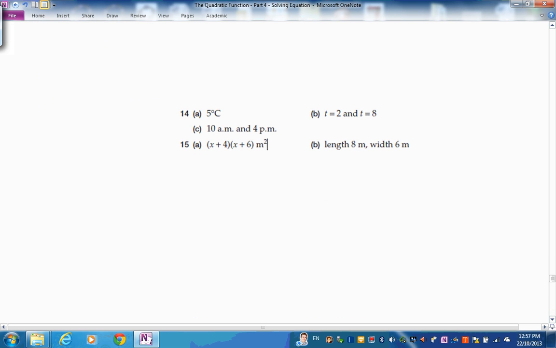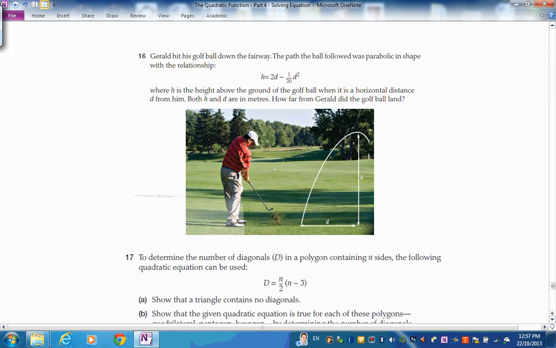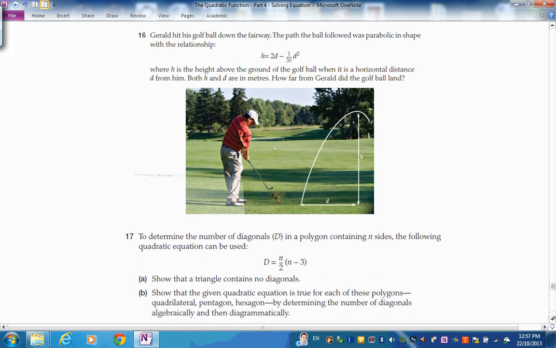There we have 14 and 15. And final one, the open-ended questions tend to be a bit more challenging. Oh no, we've still got 16 and 17 before the open-ended ones. More modelling questions, modelling the trajectory of a golf ball and modelling something to do with diagonals in a polygon. Getting harder.